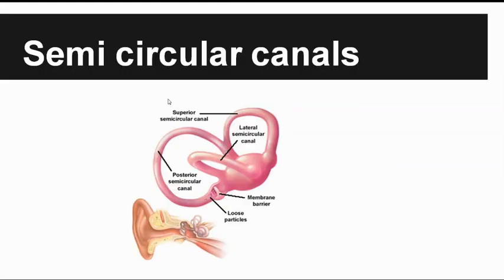And coming to the next part of the inner ear, the semicircular canals. The semicircular canals are structures which are three in number, and these semicircular canals lie at right angles to each other.